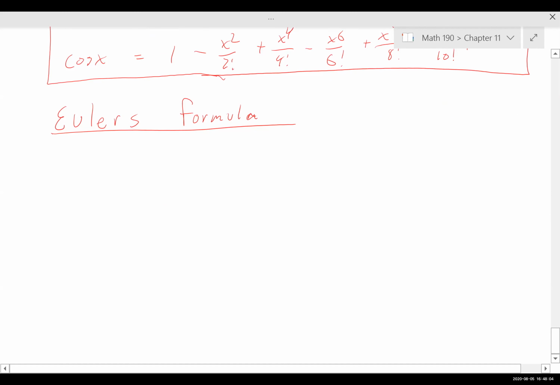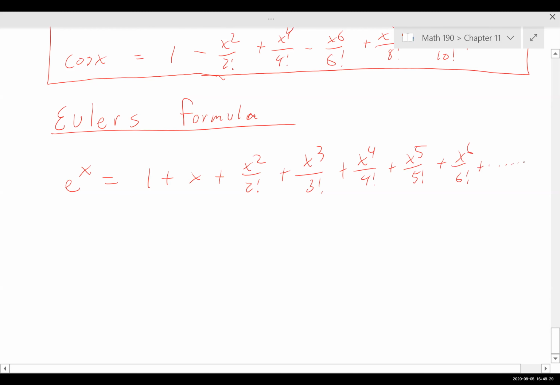Okay, so let's look at e to the x here. What is e to the x? It's 1 plus x plus x squared over 2 factorial plus x cubed over 3 factorial plus x to the 4th over 4 factorial plus x to the 5th over 5 factorial plus x to the 6th over 6 factorial plus, you get the idea, right?